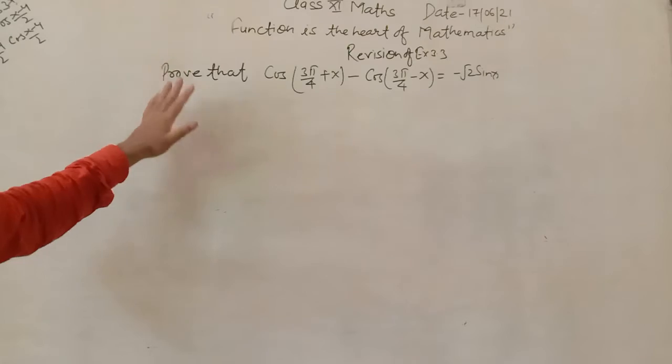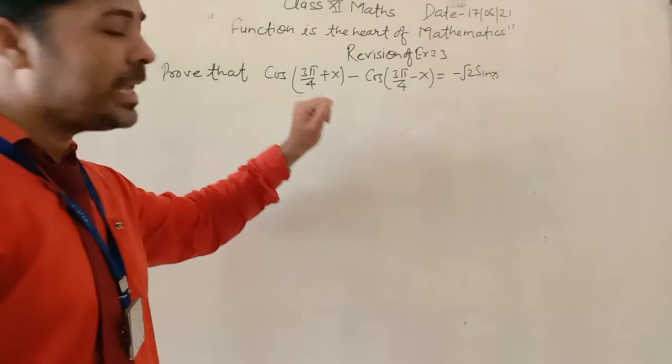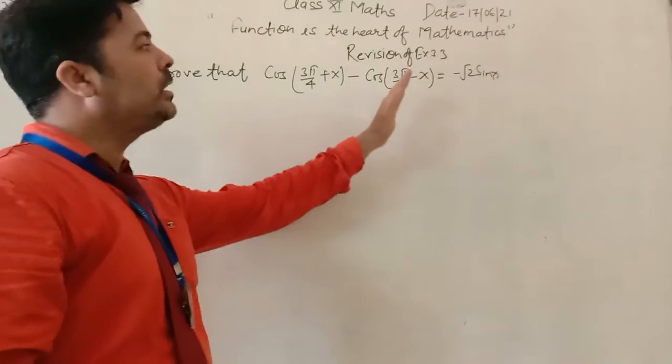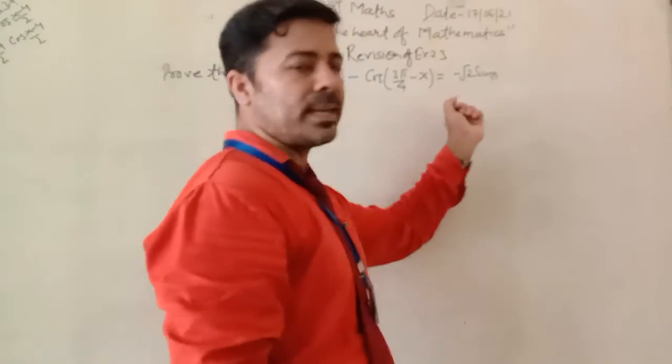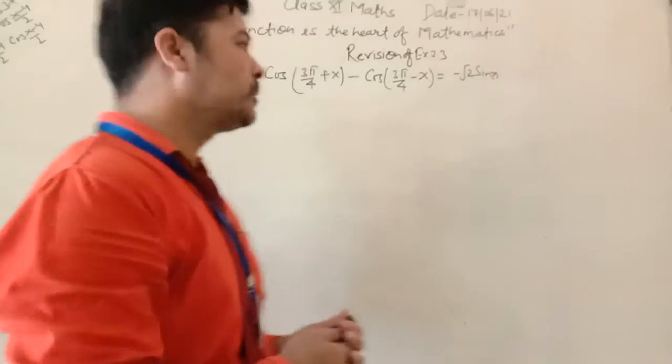Means you have to prove that cos(3π/4 + x) − cos(3π/4 − x) equals −√2 sin x.